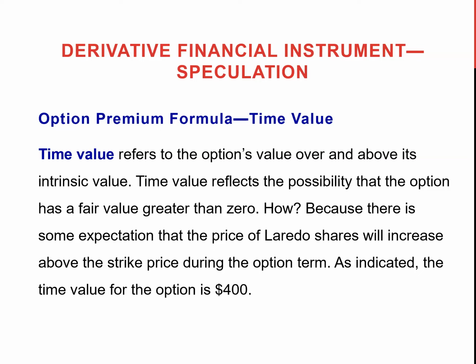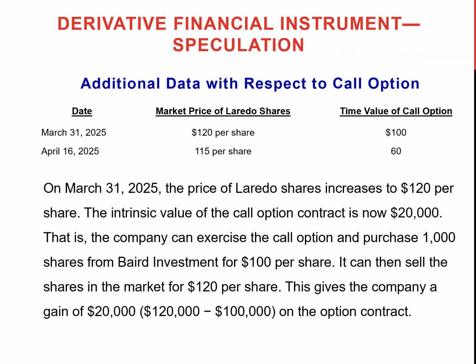So now what will the company do? The company will prepare their financial statements at the end of the year or at the end of the quarter. When they prepare the financial statements, based on the changes in the market price and the time value of the option, they will update the call option value.